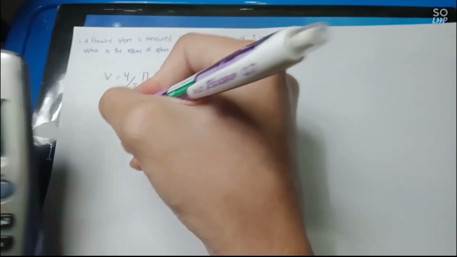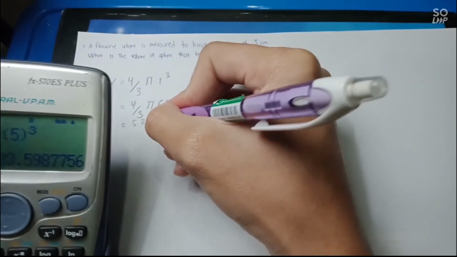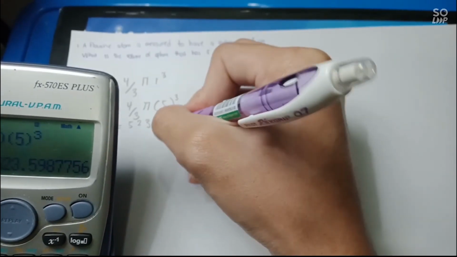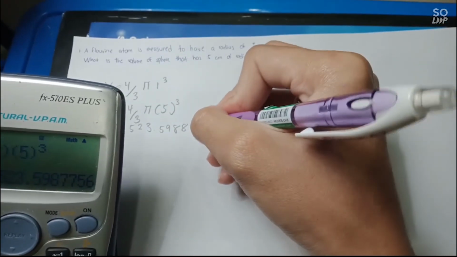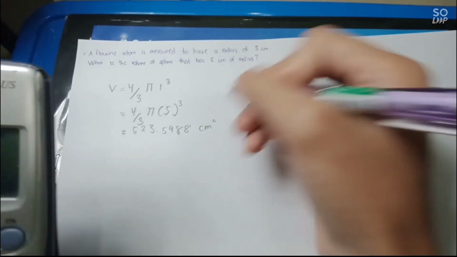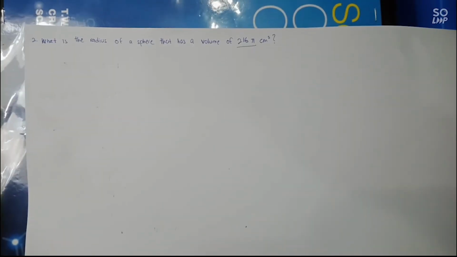So the answer is 523.598 cm cube. Okay, that's all for the first question. Let's go to the next question.